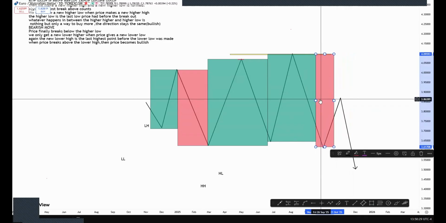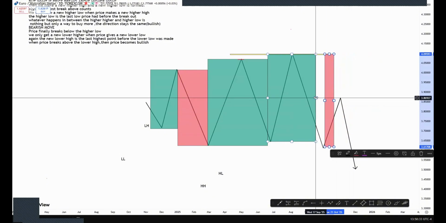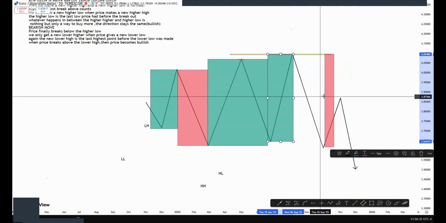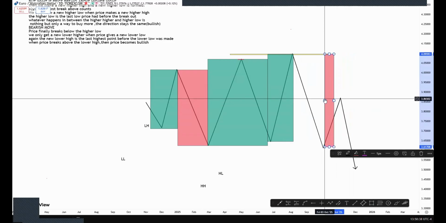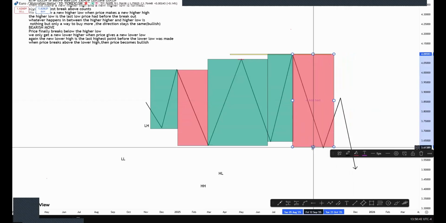Okay, so no, I think it should be right above here because this is the push that leads to the break, you see? So this is from that level to this zone here. We are bearish.